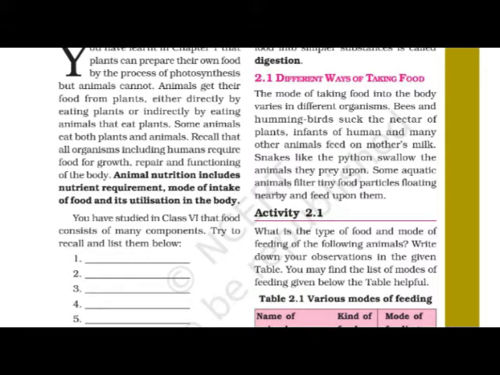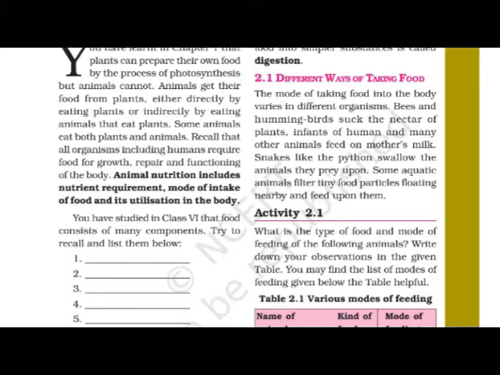Whatever injuries are there can be repaired, and the functioning of the body also takes place very well by getting energy from the food. So here we can understand there is a lot of importance of nutrition.